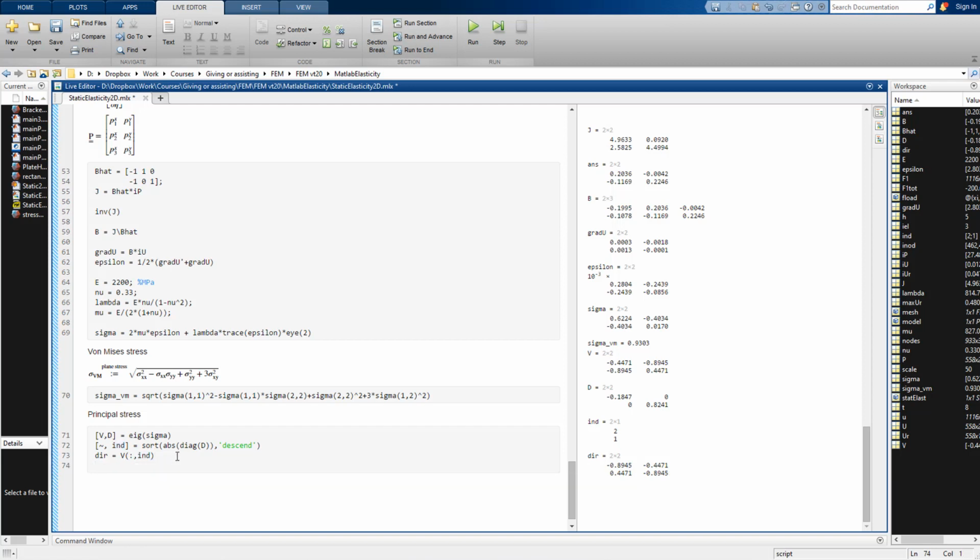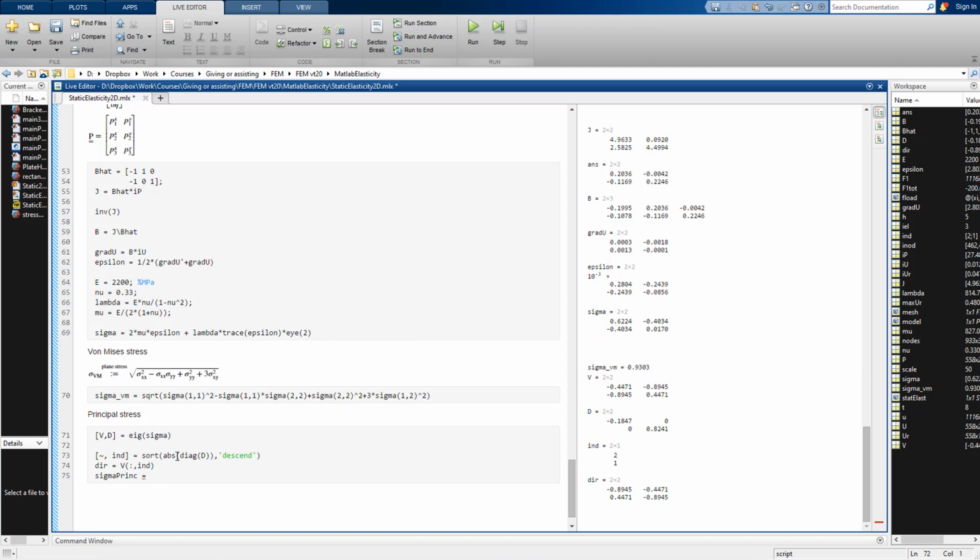as well as sigma prints is equal to, well, diag of... it's not going to work. Yeah, I'm going to do this in 2 steps.